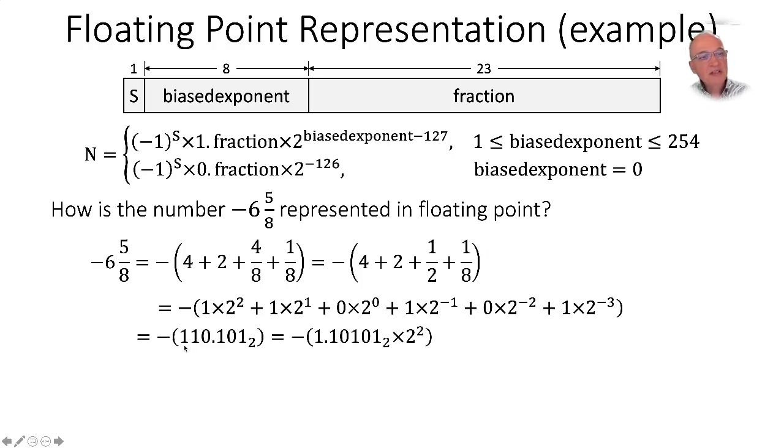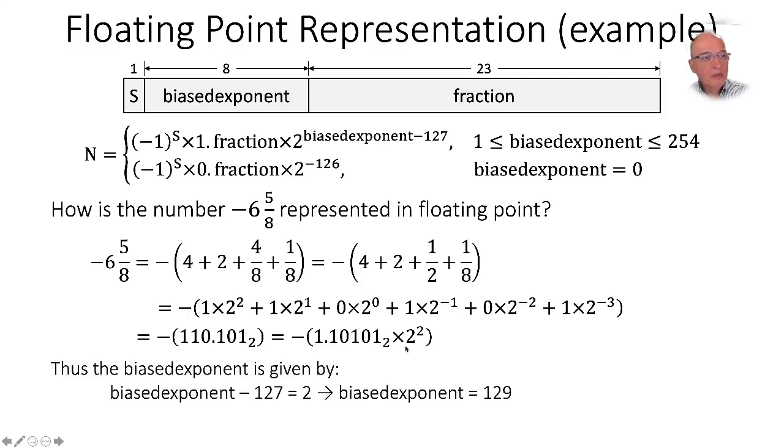If I express this in binary, this will be 1, 1, 0, the digits before the binary point, and then 1, 0, 1, the digits after the binary point. If I normalize this number, I have to move my binary point to the left by 2, so I have to multiply the normalized number by 2 to the 2 to maintain the same value.